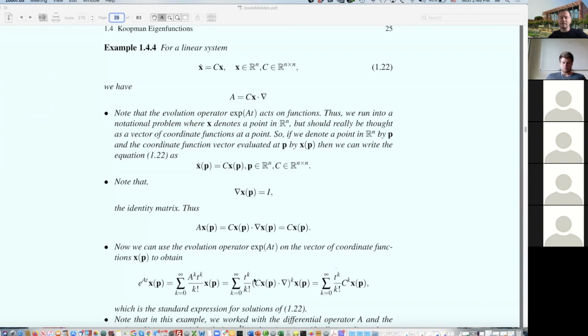Take the third power, you're going to get the third power of the matrix, and so on and so forth. And look at the expression that we got. You hopefully recognized it from your previous classes on control and dynamical systems. It's just the familiar solution of this equation here, which is equal to e to the Ct.